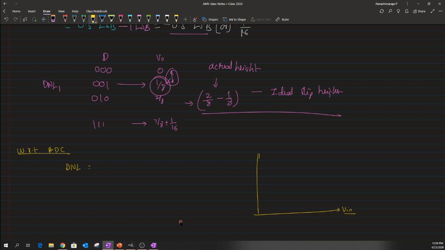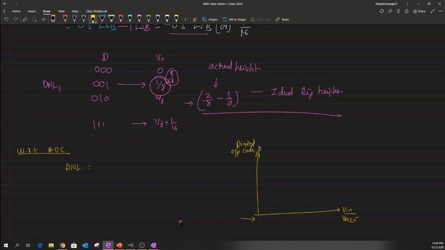That would be normalized as V in with reference to V reference. And the y-axis would be your digital output, your digital signal D. In this case you would find that all the analog signals are defined with respect to the x axis, clear.